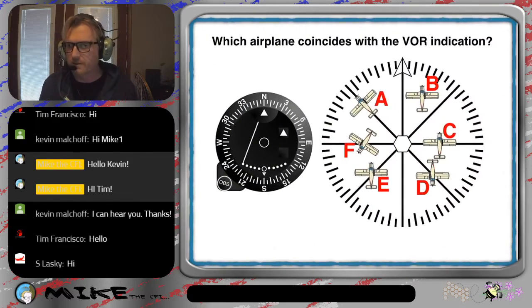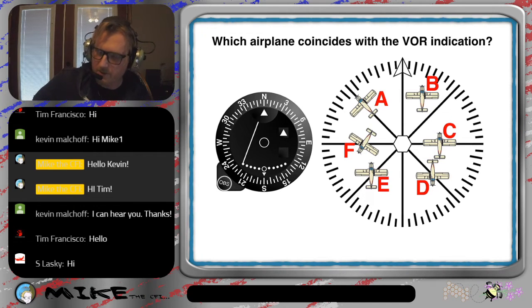Okay, so on the first one, the question is which airplane coincides with the VOR indication shown. And what we have is the VOR tuned to 360 with a to indication and a left needle deviation.